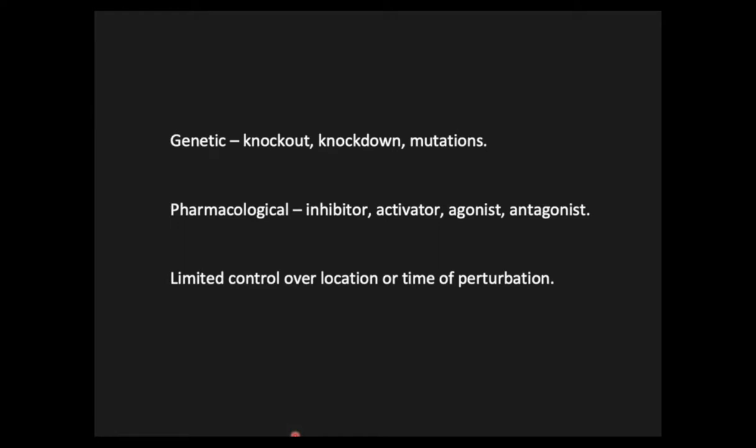The most commonly used methods to study cell signaling are genetic methods like knockouts, knockdowns, or the use of mutants, and pharmacological methods like the use of inhibitors, activators, agonists, or antagonists, but they have limited control over location or time.